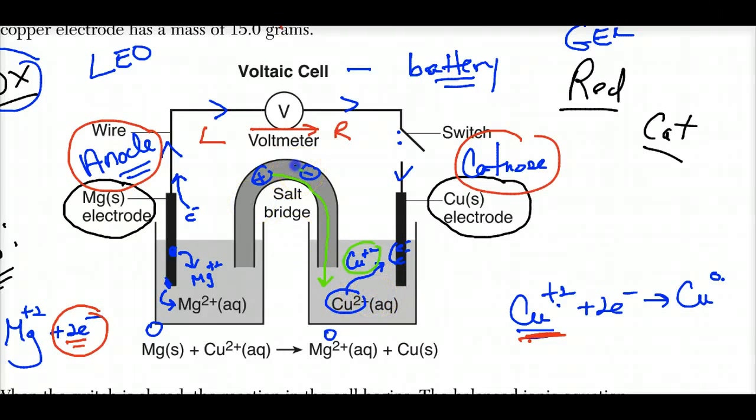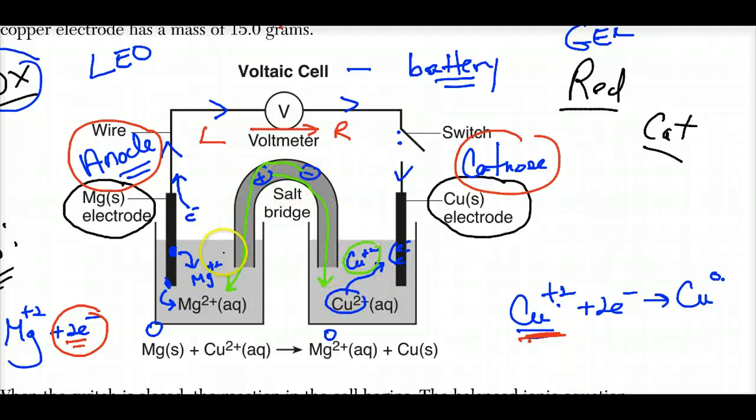Negative. And the negative ion from the salt is going to migrate down over here and counteract the what? The increase in positives. So we're going to maintain electrical neutrality. We're going to keep this beaker from getting positive and this beaker from getting negative.